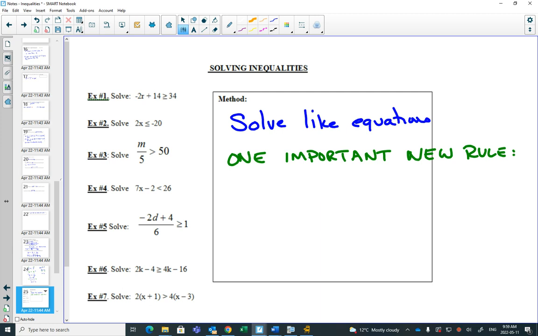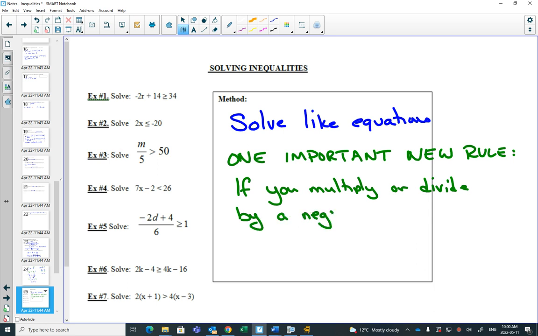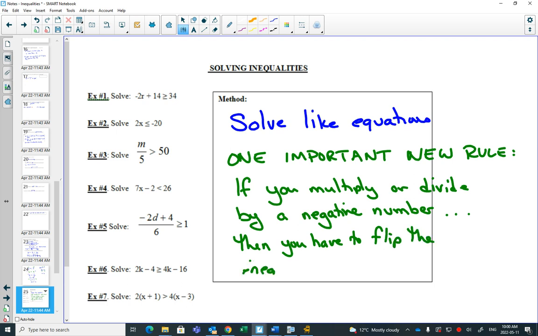And the one important new rule of solving inequalities is if you multiply or divide by a negative number, and only a negative number, then you have to flip the inequality.